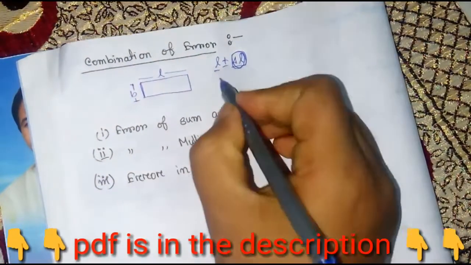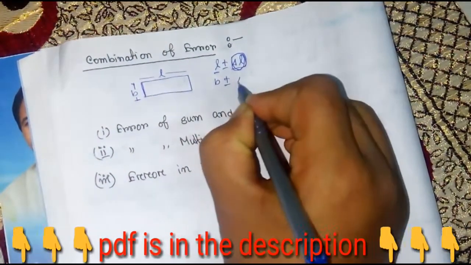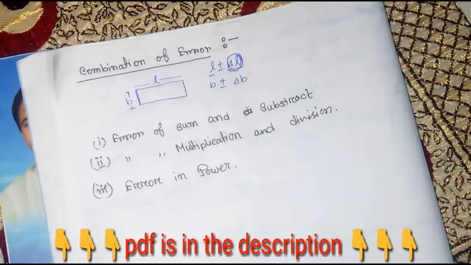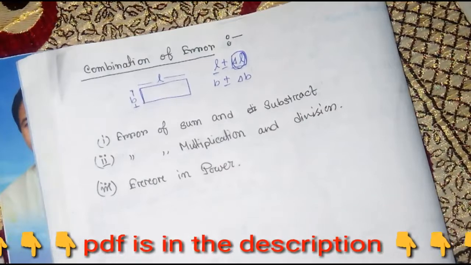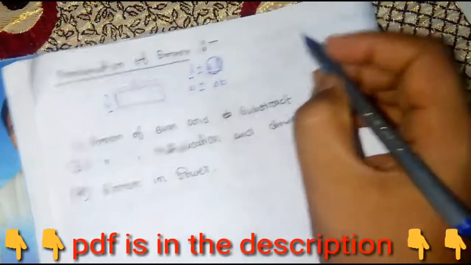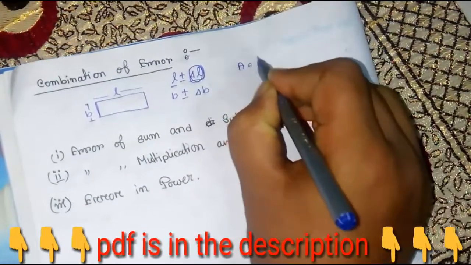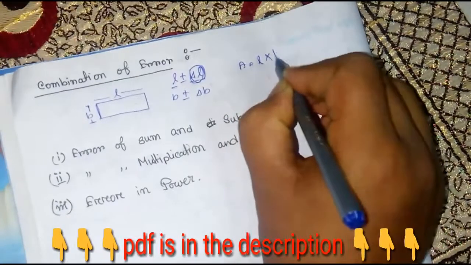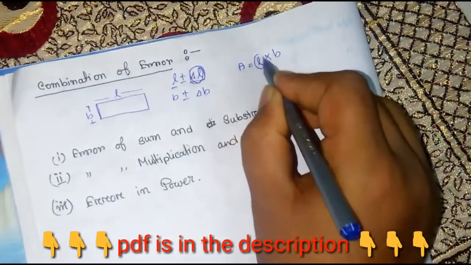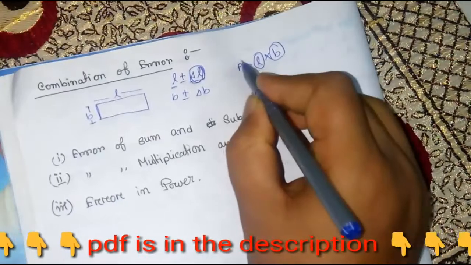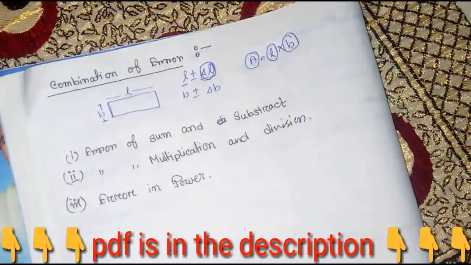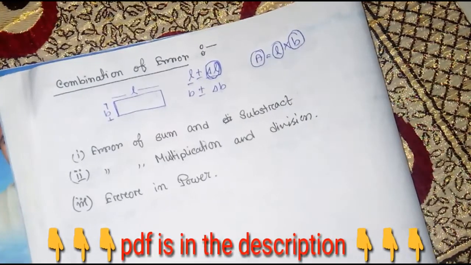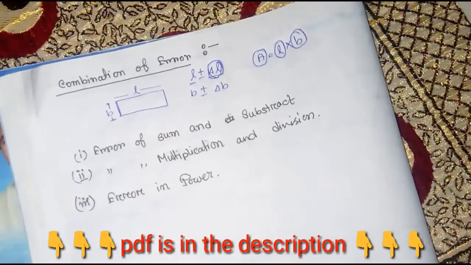The breadth also has a plus minus error, meaning less than or more than the actual value. The area formula is length into breadth. So this has error and this also has error, so the area will have an error too. The error can be more or less than the errors of the length and breadth.